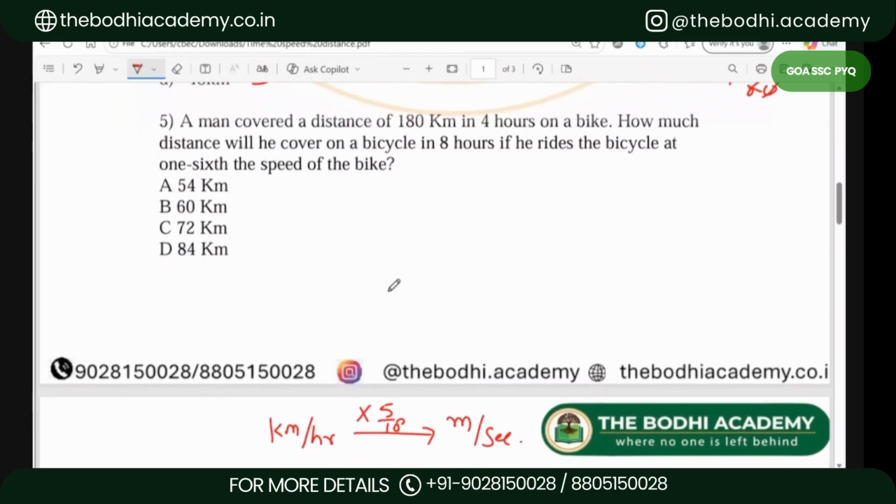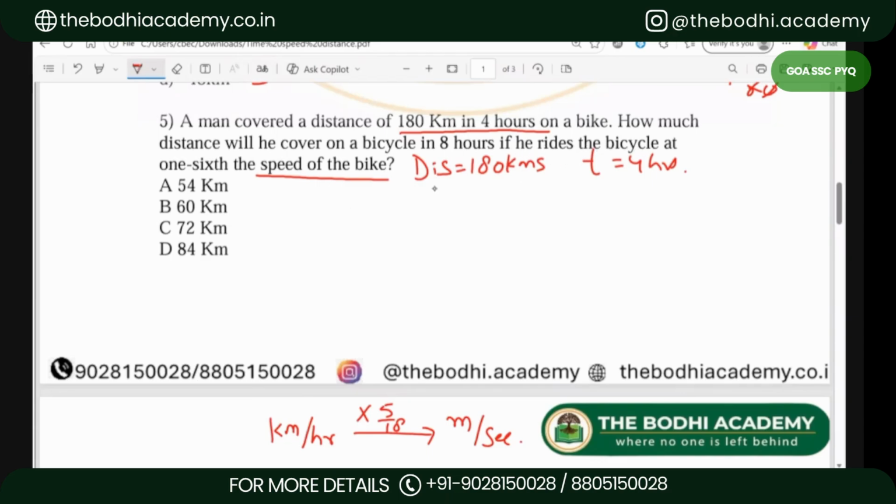A man covered a distance of 180 kilometers in 4 hours. Distance is 180 kilometers, time is 4 hours. How much distance will he cover on a bicycle in 8 hours if he rides the bicycle at 1/6 speed of the bike? So first we have to find the speed of the bike, then we will find the speed of the bicycle.